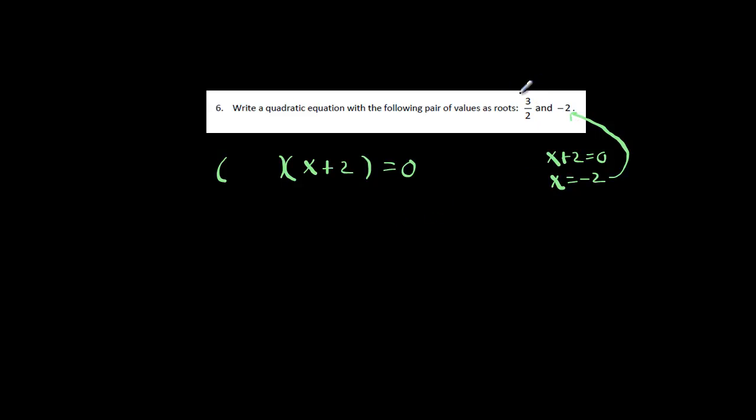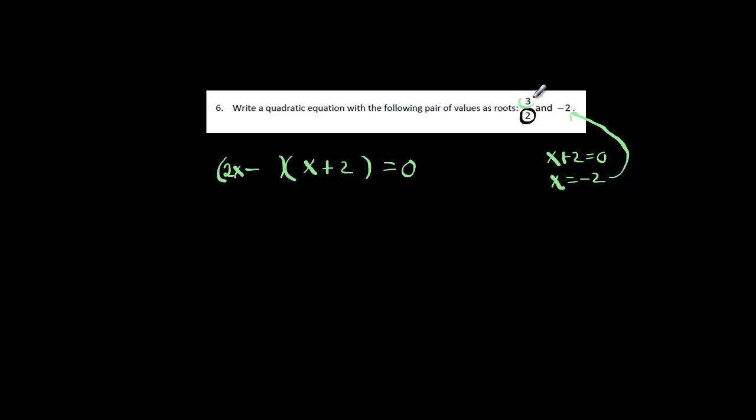For 3/2, what you want to do is use the rule that the denominator is the coefficient of x. So for this one, it's going to be 2x. This root is positive, so we're going to do the opposite sign.